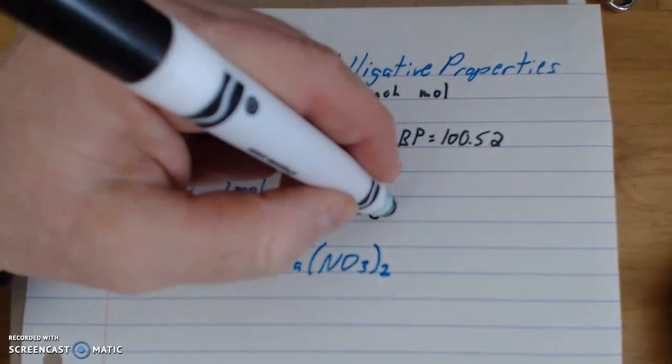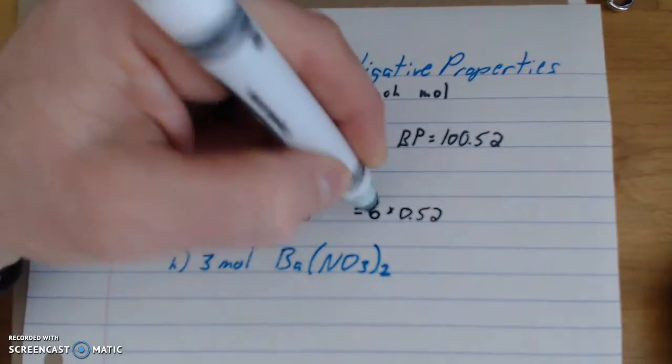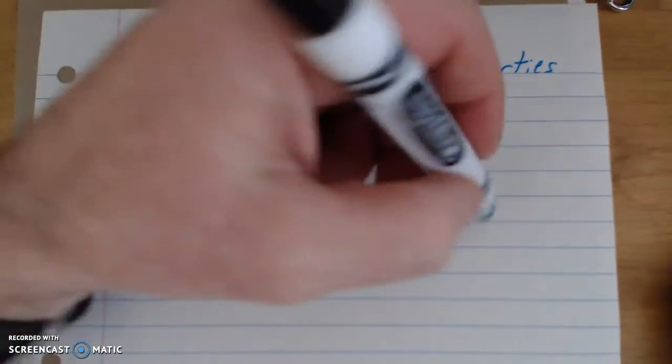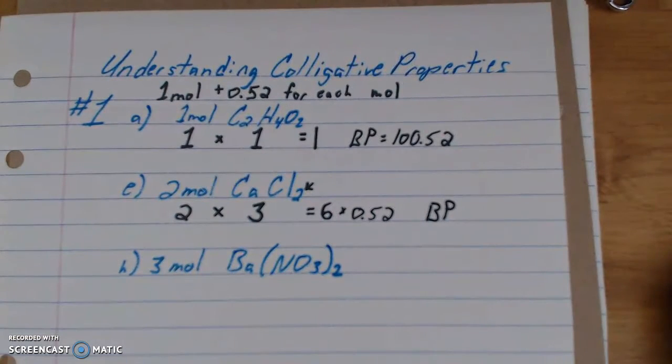So we take that 6, we multiply it by 0.52, because there are 6 particles. Each mole of particles raises it by 0.52. Our new boiling point will be, let me math this one out.